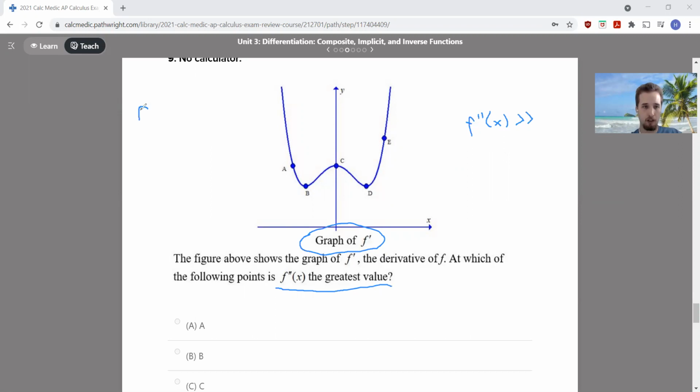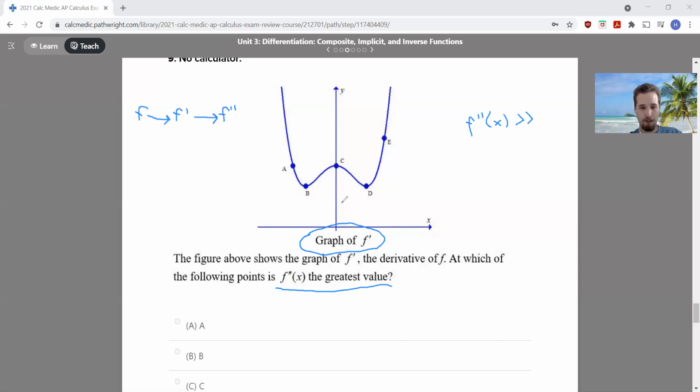So if we go from f to f prime to f double prime, well, if f prime represents the slopes of f, then f double prime represents the slopes of f prime.